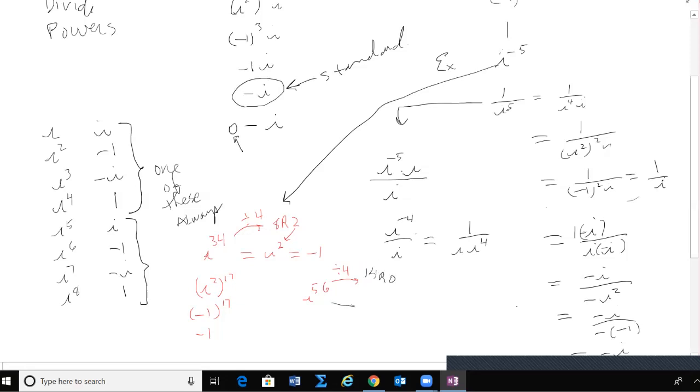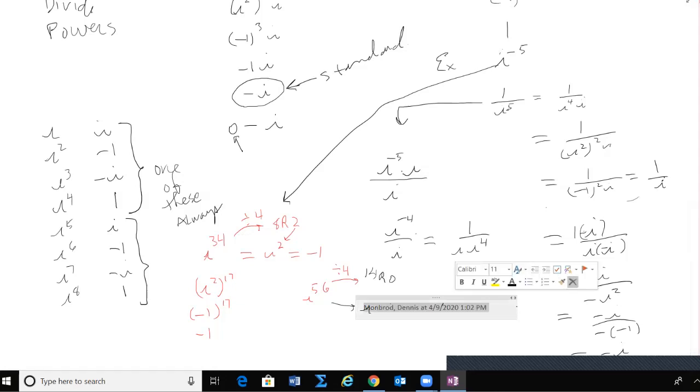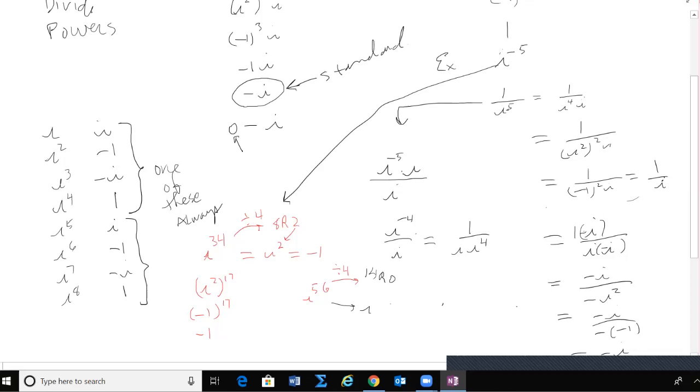That means this will be i to the 0. Anything to the 0 is going to be a 1. So we know i to the 56 is 1.